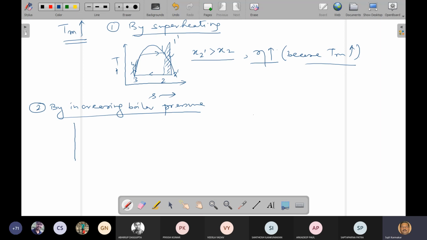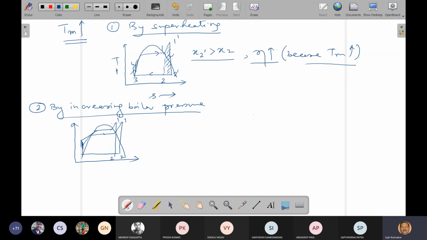So in this case, earlier the diagram was like this. But if you increase the pressure while keeping the same superheat temperature, you can find that earlier it was 1 to 2, now it is 1 dash to 2 dash.